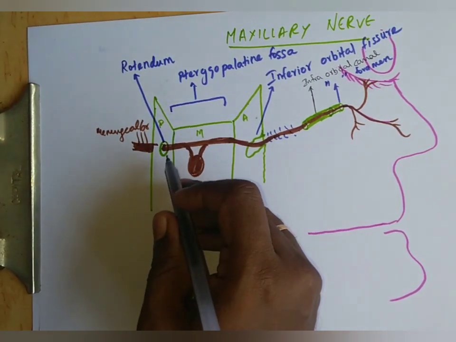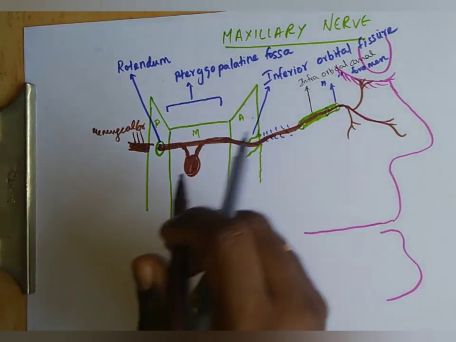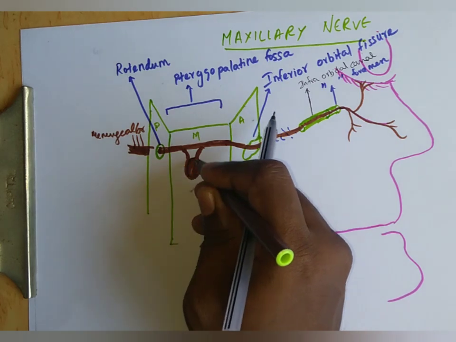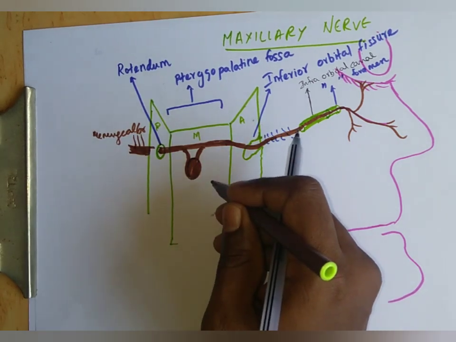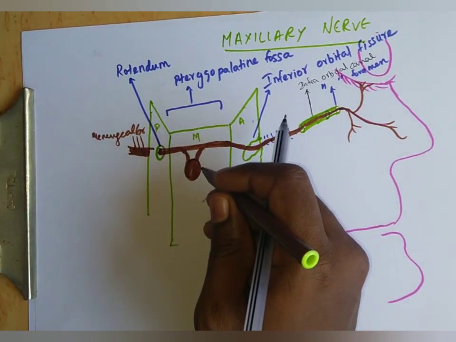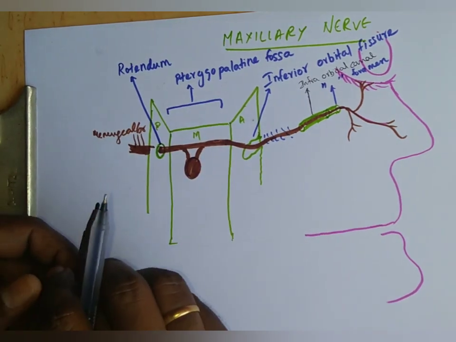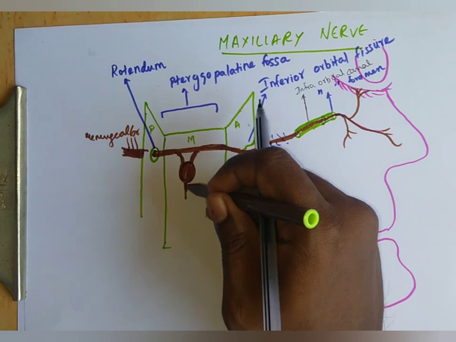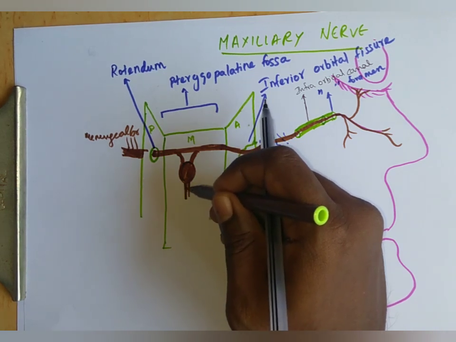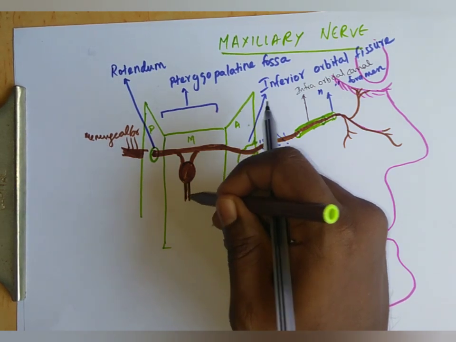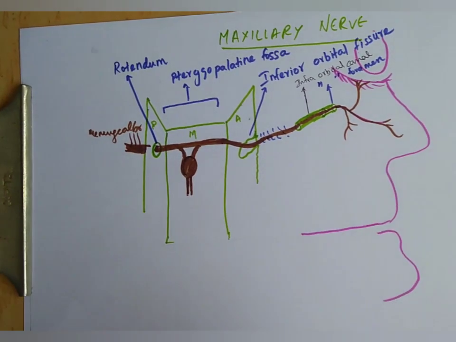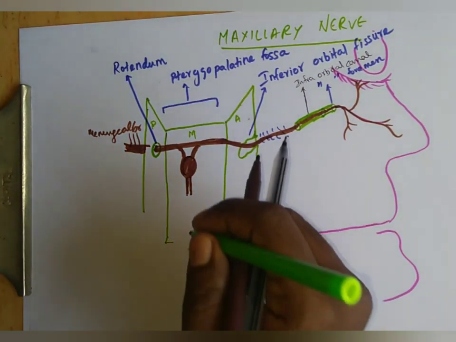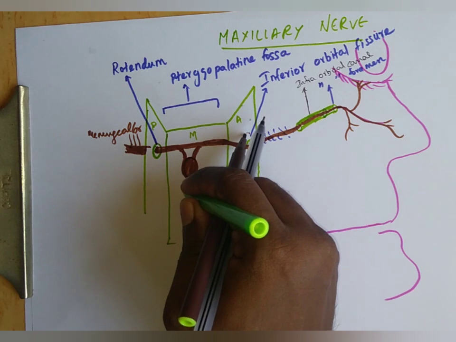Next, after coming inside the pterygopalatine fossa, it is forming the pterygopalatine ganglia by the two roots. From the pterygopalatine ganglia, there are two individual branches which will be emerging down and pass through a bony canal here.